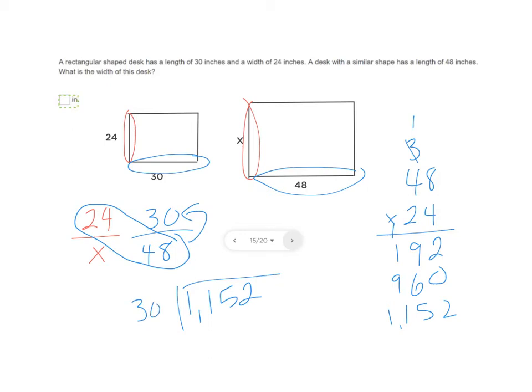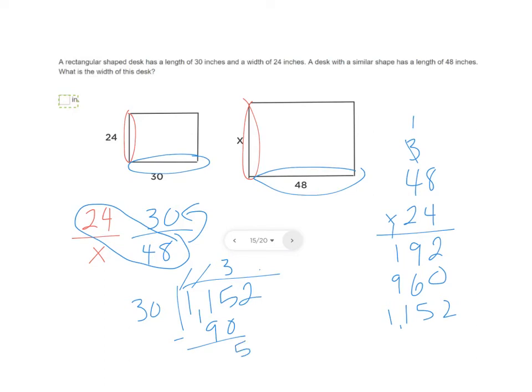And so 30 goes into 1, it doesn't. 30 goes into 11, it doesn't. 30 goes into 115. Well, I know that 30 times 3 is going to give me 90, so I'm going to start there. I've got 5 minus 0 is 5.